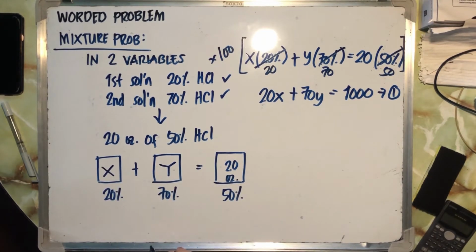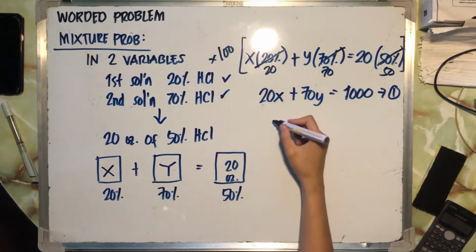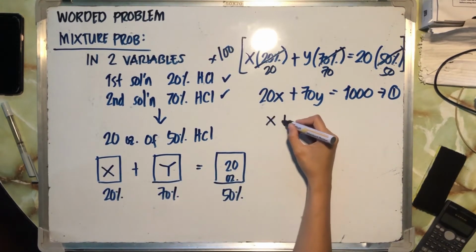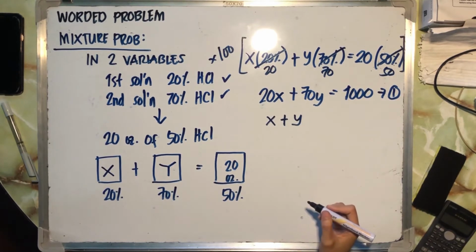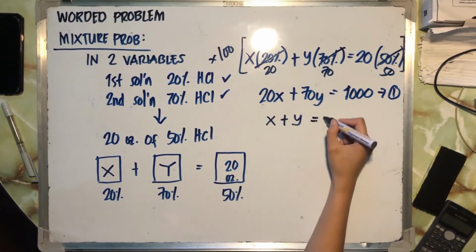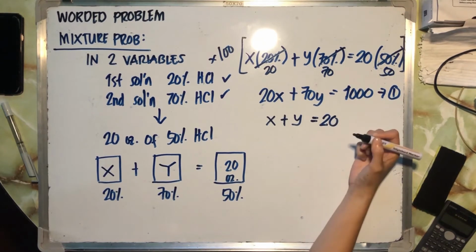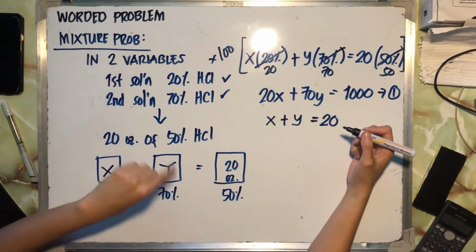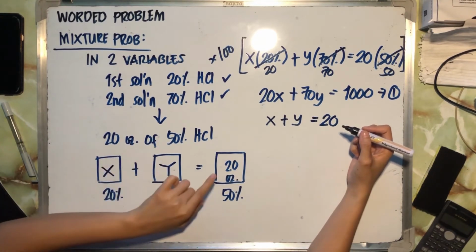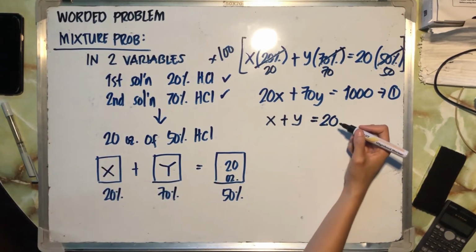Pwede ko bang sabihin, guys, na pag pinagsama ko yung x at y, ayan, ano yung magiging result nun? 20 ba? Yes. Kasi, x ounces plus y ounces, sabi ng problem, should yield to 20 ounces. Okay?